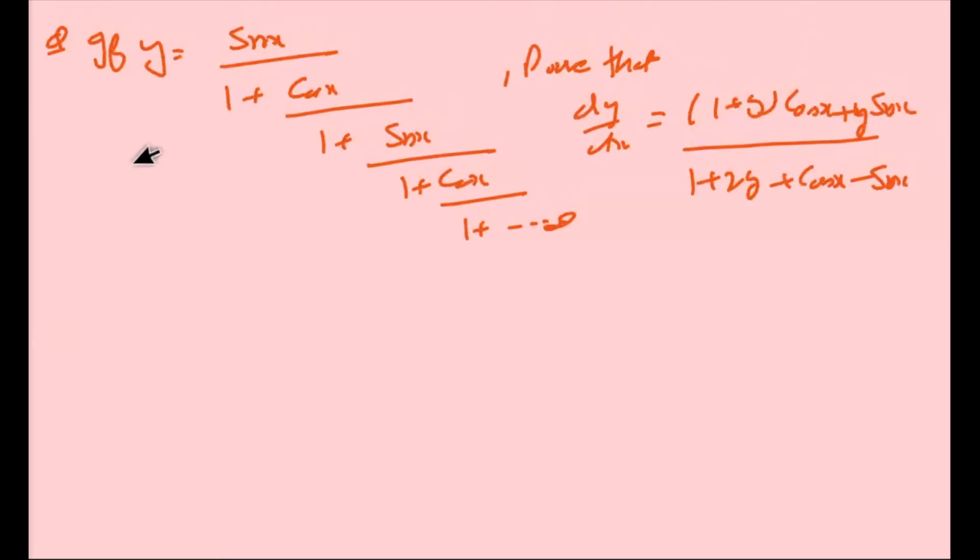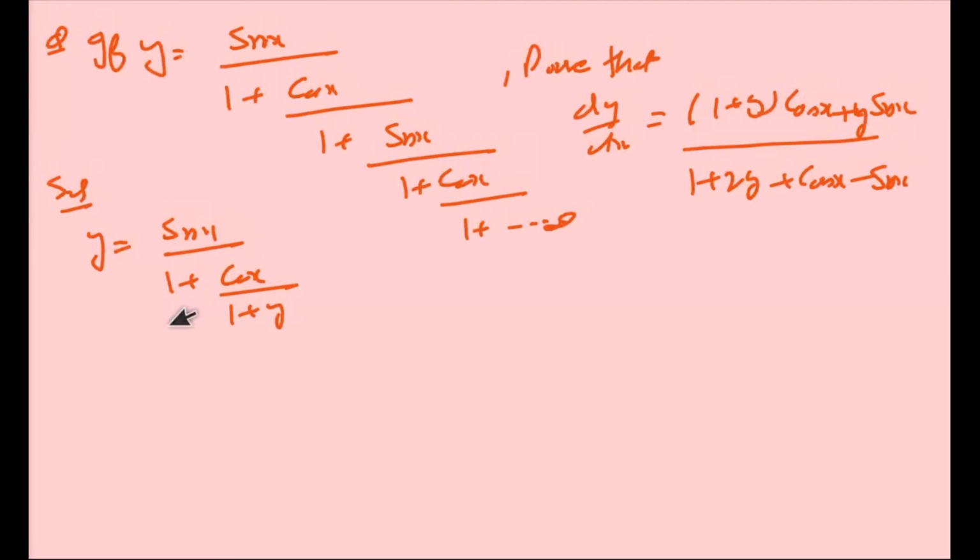Okay, now you can see starting the question with sin here, and here is a sin. You can see sin x upon 1 plus cos x, from here this one is y. Okay, so what can we write here? Hence we can write y equal to sin x upon 1 plus cos x upon 1 plus y.